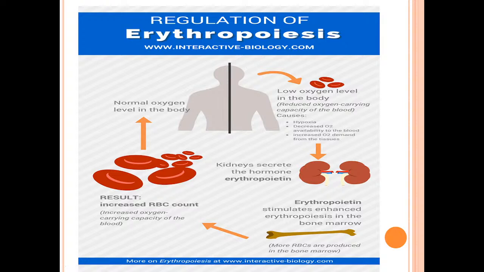In the next step, we see that the kidneys secrete the hormone erythropoietin, as I told in the last slide. What happens next? Erythropoietin stimulates and changes erythropoiesis in the bone marrow, and more red blood cells are produced in the bone marrow. As a result, we see increased red blood cell count and increased oxygen carrying capacity of the blood. And after that, we see a normal oxygen level in the body.